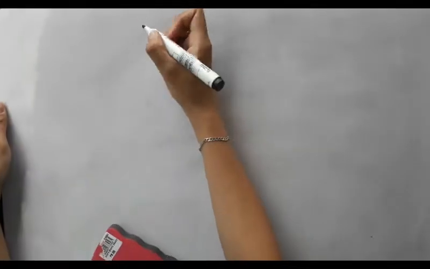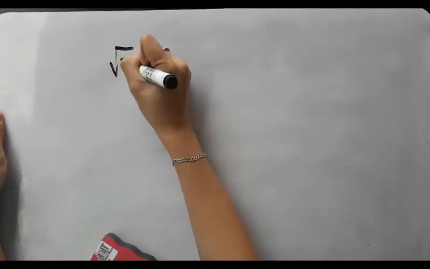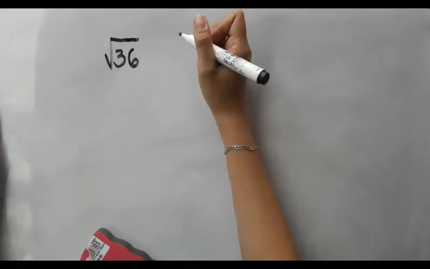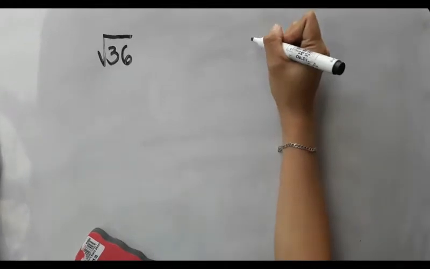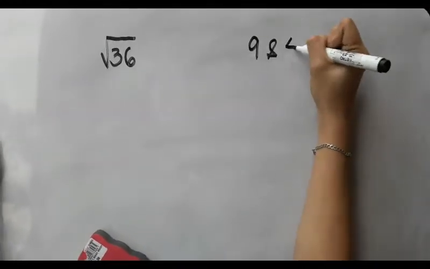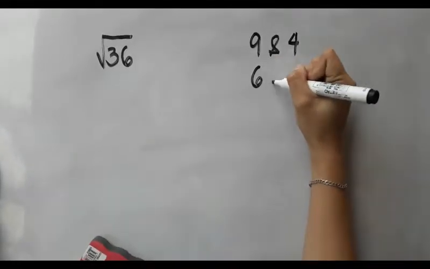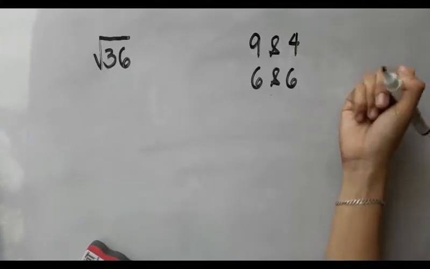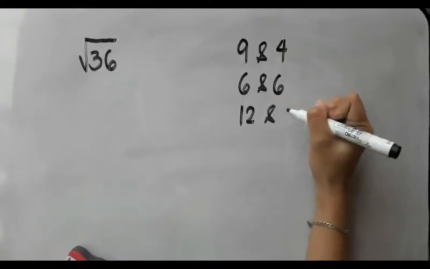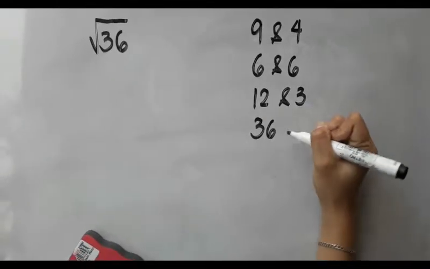For example, square root of 36. Now, consider the factors of 36. So we have 9 and 4, 6 and 6, 12 and 3, and 36 and 1.